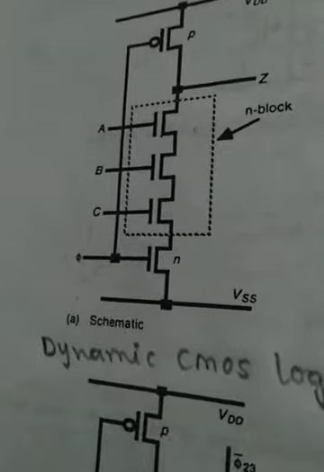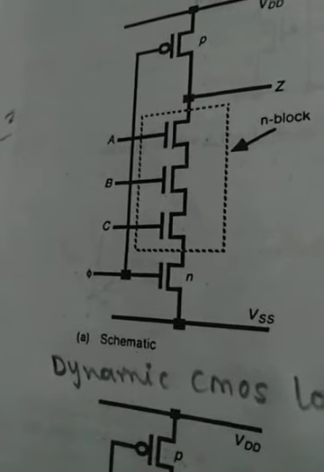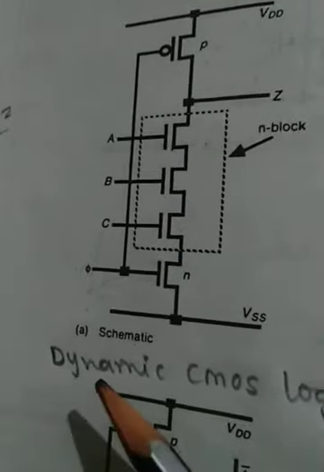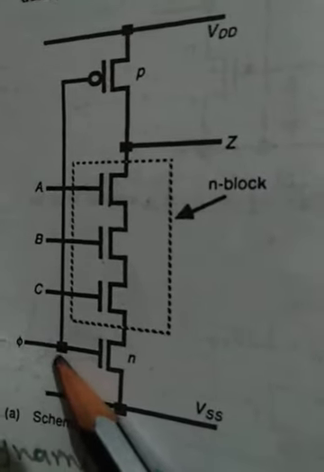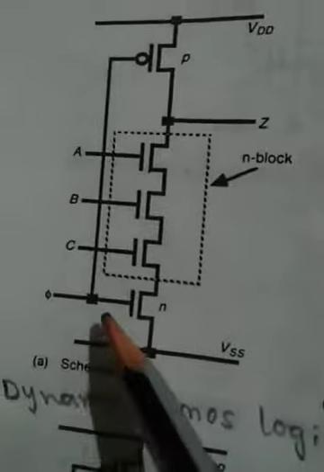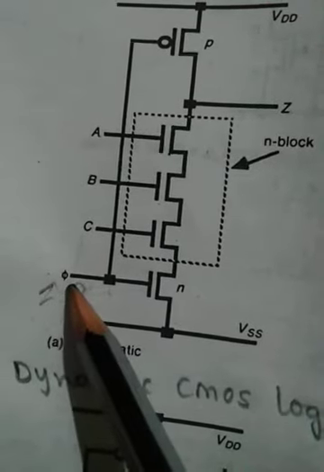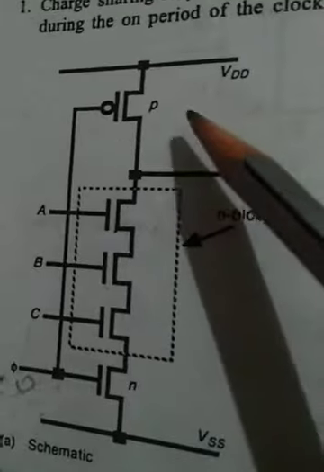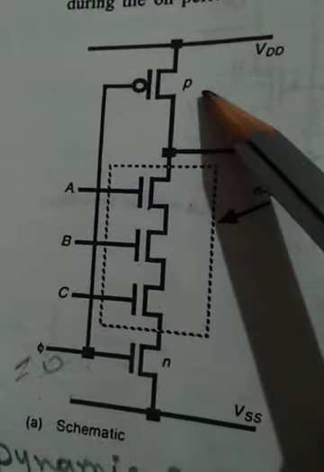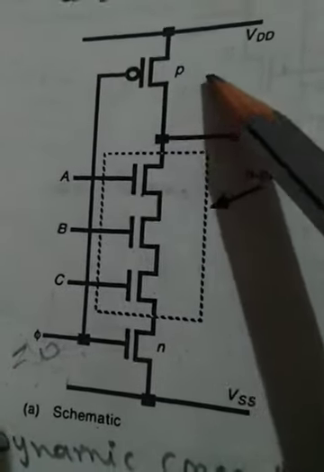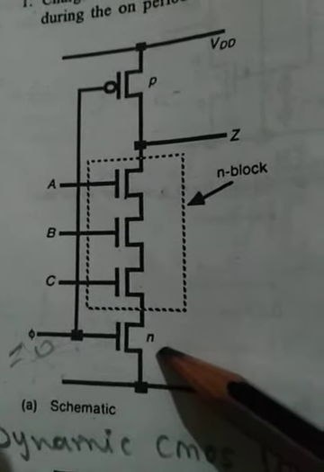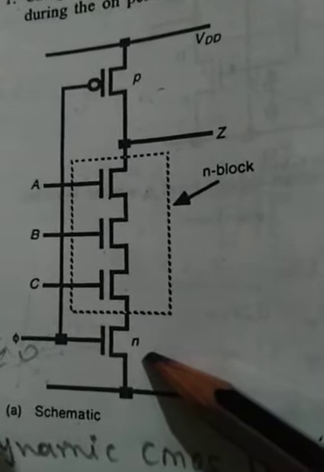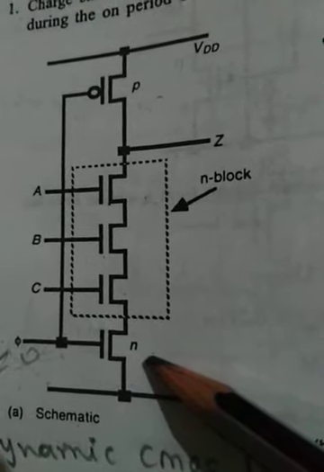How will it work? Suppose the clock signal psi is 0. At that time the PMOS is on, since you already know the PMOS conducts on 0, and the NMOS is off. Then the pull down network is not in the on state.